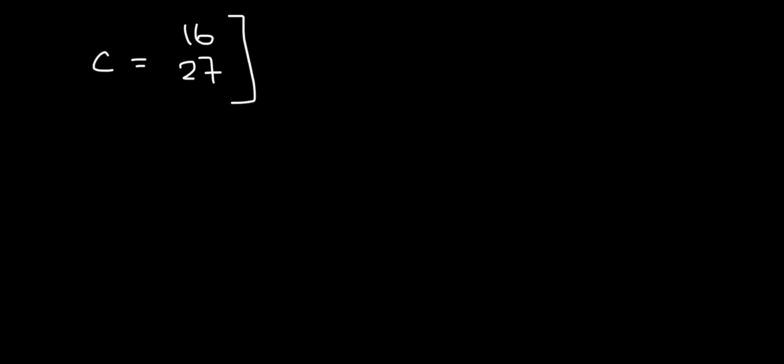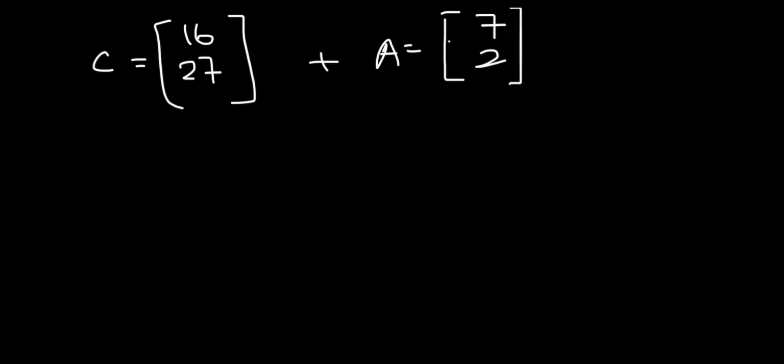How about these two matrices, C, 16 and 27, with A, 7 and 2. Is it possible to add these two matrices? Yes, it is possible.